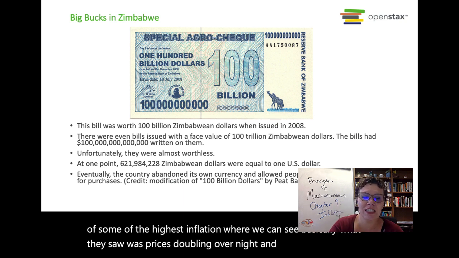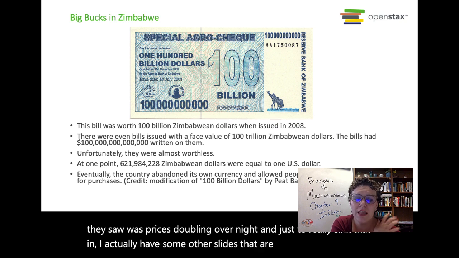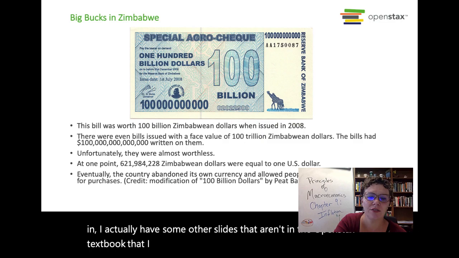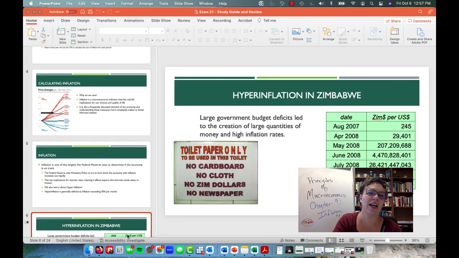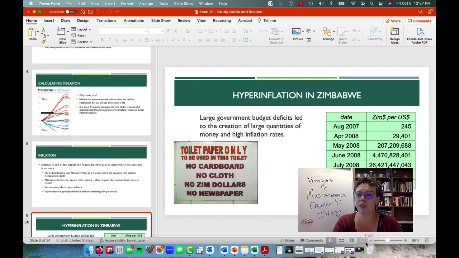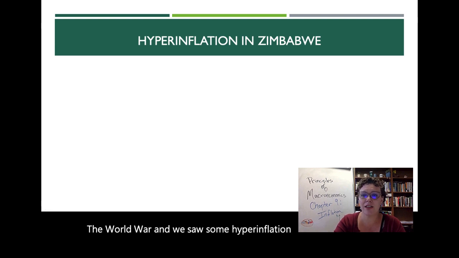And just to really sink that in, I actually have some other slides that aren't in the OpenStax textbook that I want to show you that I think are really instructive. So the other cases of hyperinflation are Germany after the World War, and we saw some hyperinflation in Venezuela a couple of years ago.